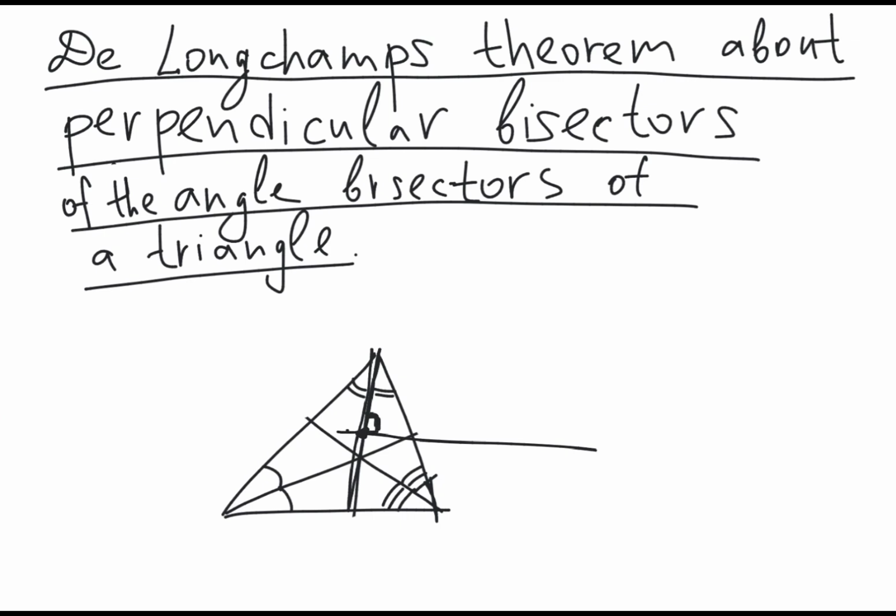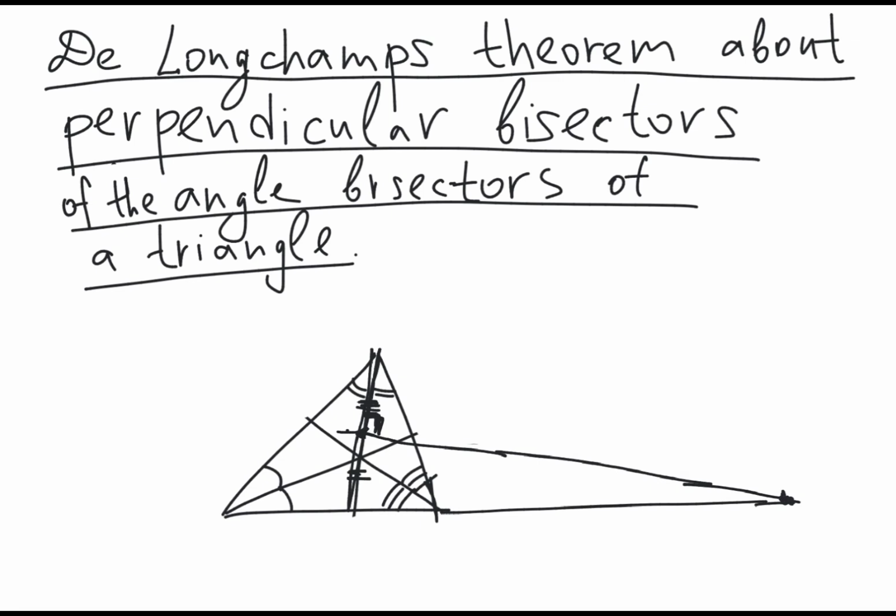This line, let's draw it slightly like this to show that it doesn't necessarily pass through the other point. So this is a perpendicular bisector of this angle bisector, and we consider the intersection point of this line with the opposite side, so this point.